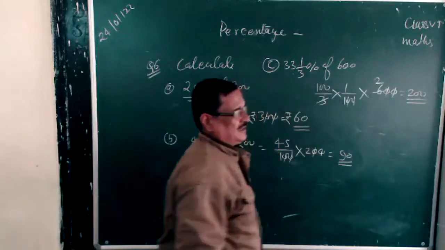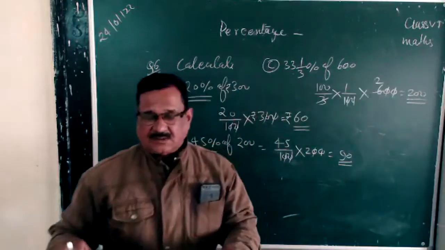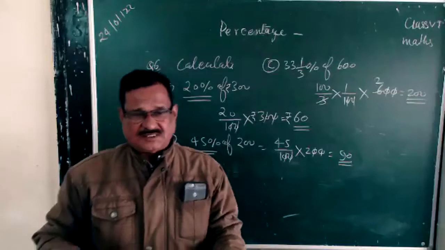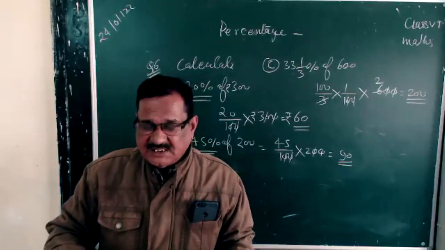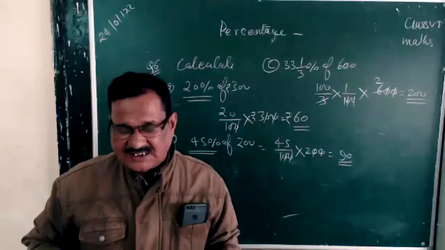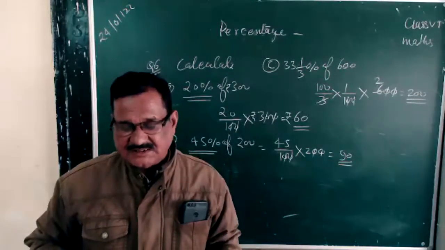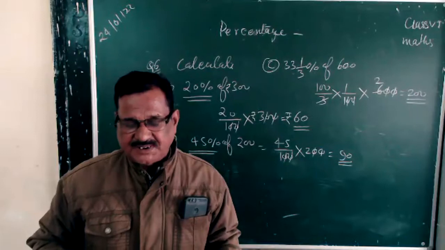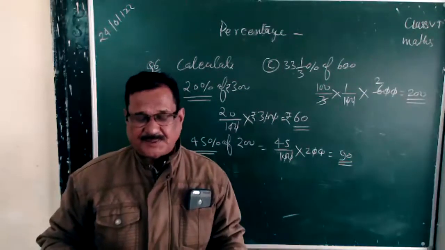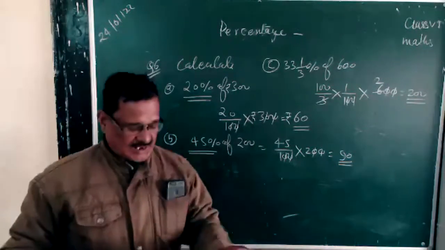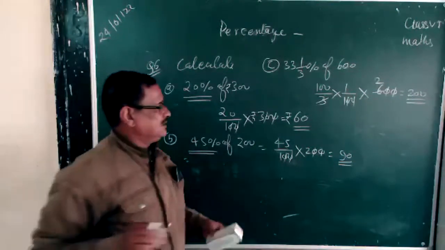So the answer is 200. Now here some figure is given and asking what percent of this figure is shaded. Here is some figure given and some of it is shaded. What percent is that, you have to find out.